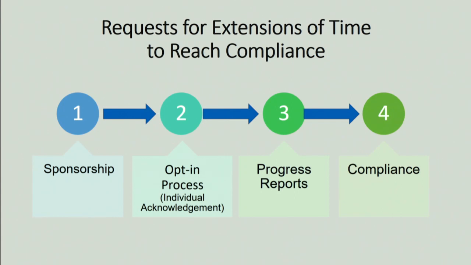And you understood that you were privileged to have an extension of time to comply in order to allow this experimentation process to work out, and that you would report through your sponsor progress toward the objective of compliance. And we allowed those extensions of time in 1-year increments, so that we required people to indicate that they understood they had the obligation, they would follow the experimentation process, they would ultimately use the experiments to inform their compliance, and they would report progress on a regular basis as we move toward compliance.